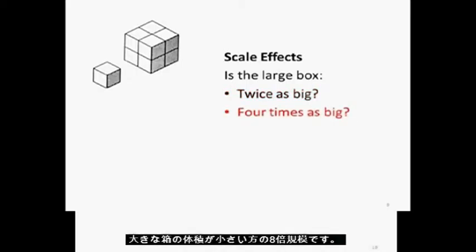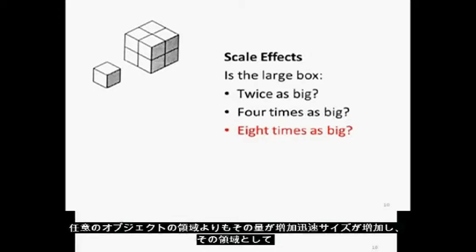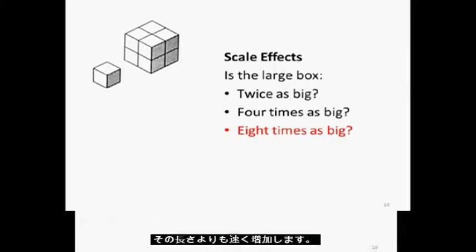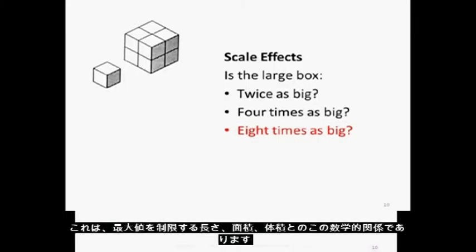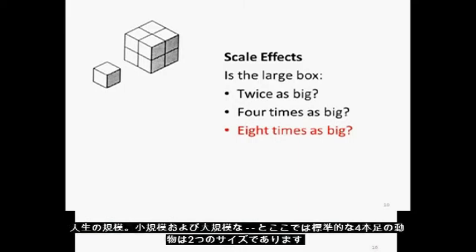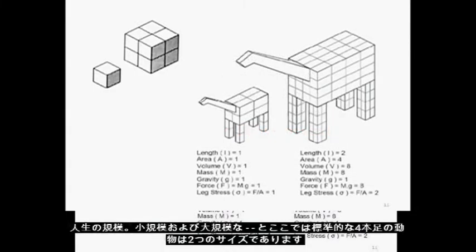The volume of this larger box is 8 times the scale of the smaller one. As any object increases in size, its volume increases quicker than its area, and its area increases quicker than its length. It is this mathematical relationship between length, area and volume which limits the maximum scale of life.